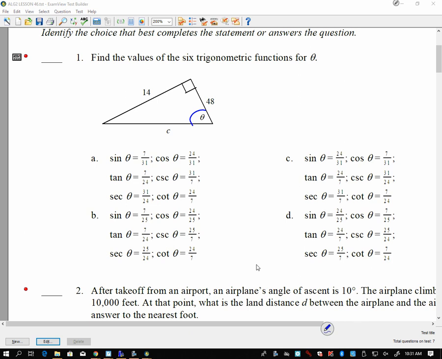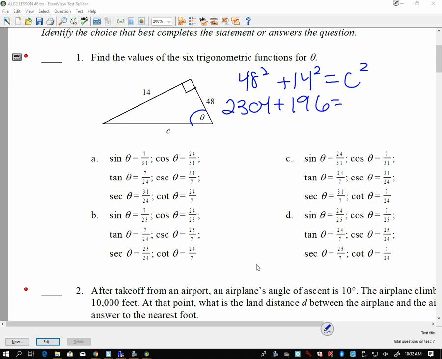I think that's the 45. No, that's just 40. 40 squared. It's a 48. Okay, it's a 48. So you're saying 48 squared plus 14 squared equals C squared, okay. 48 squared is what, guys? 2,304. Plus 196.